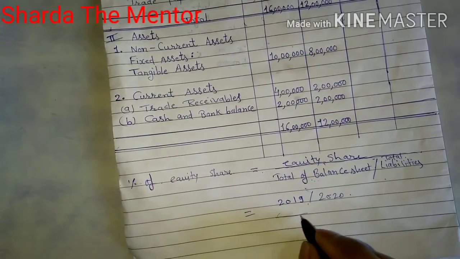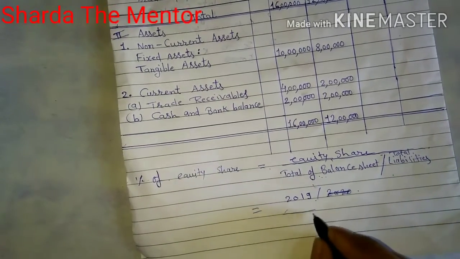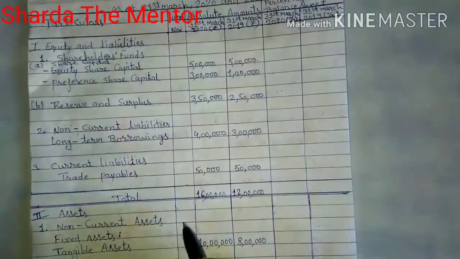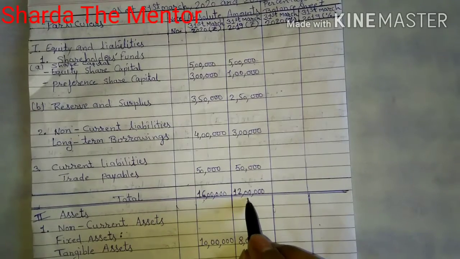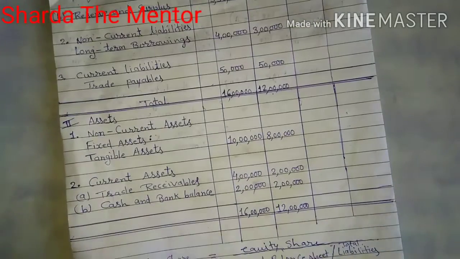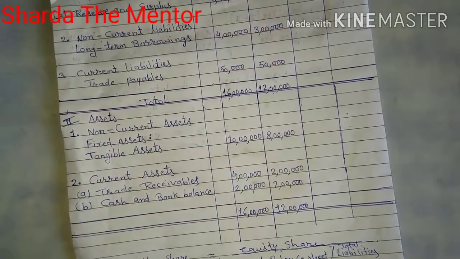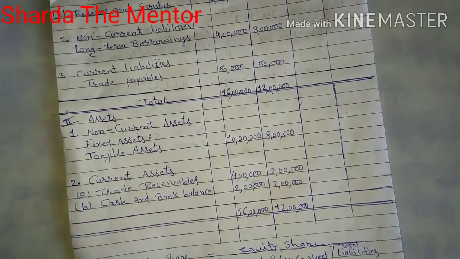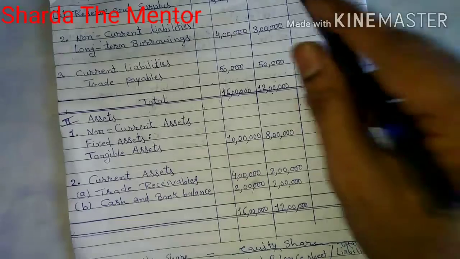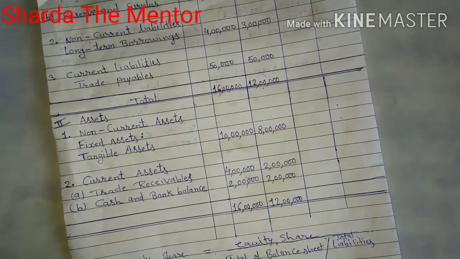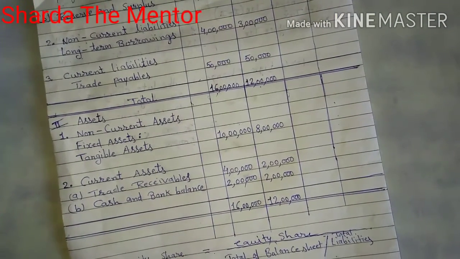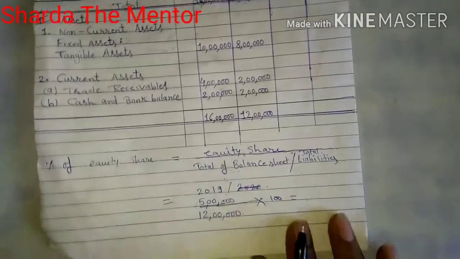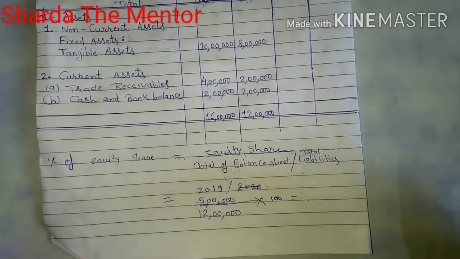But the total of the balance sheet for 2019 is 12 lakh. So you will mention 12 lakh rupees, and the equity share is 5 lakh. So 5 lakh divided by 12 lakh into 100.